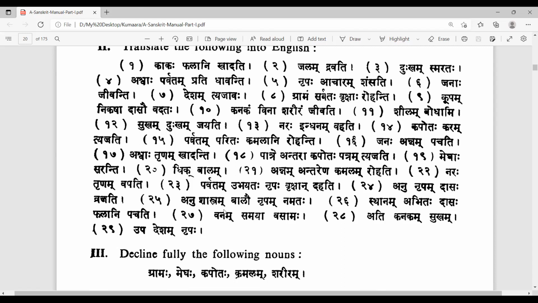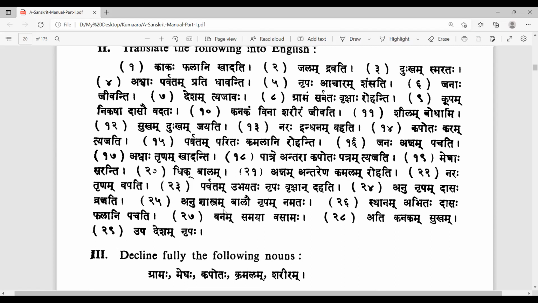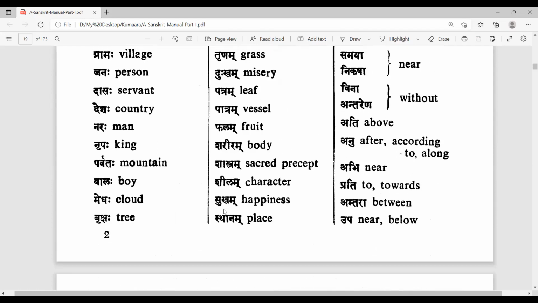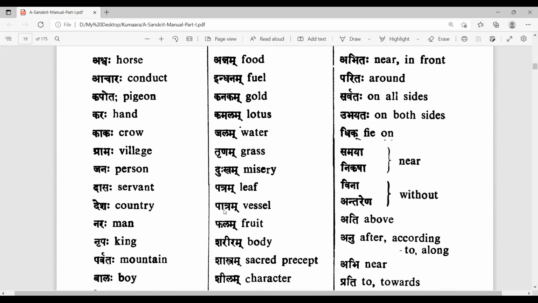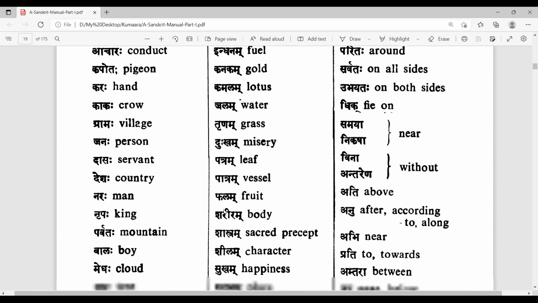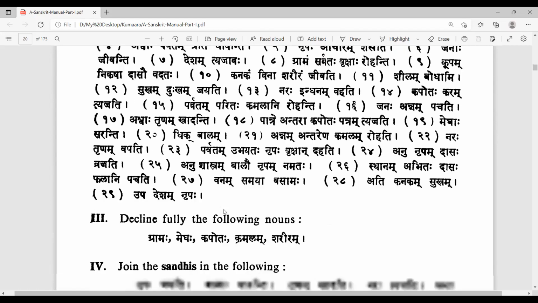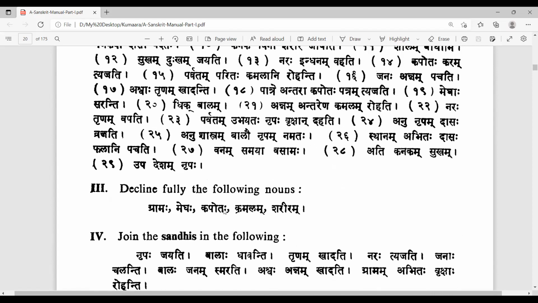Sthanam Abhitaha means near the place, or in front of the place. Abhitaha, near, in front. We have to learn all these words by heart. That is what we should do first. Yes, you have to know it. It is important. All these things we should know by this time.